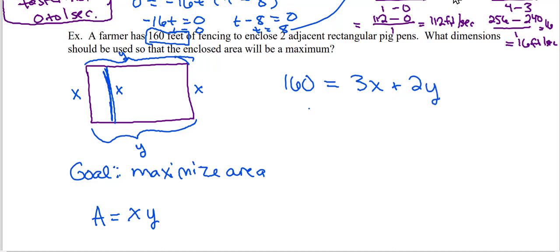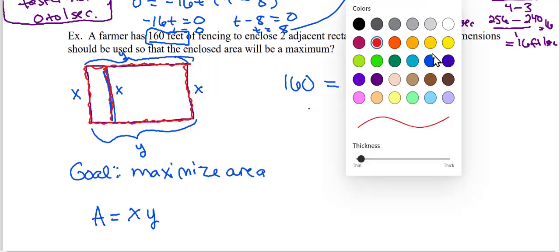It has to cover this, which is X, this, which is X, this, which is X. So there's 3 X's, and then you got a Y here and a Y here that all have to be fence. So 160 equals 3X plus 2Y, kind of a perimeter question there.